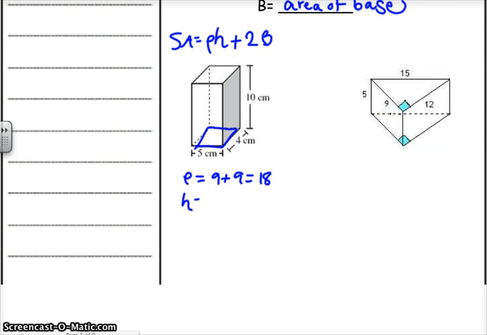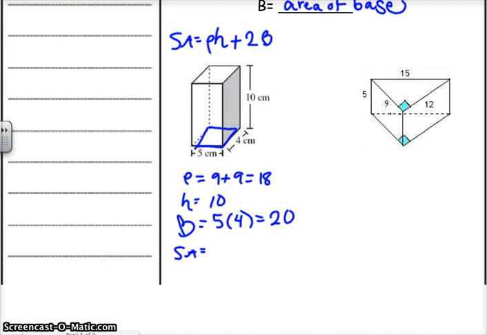H, what connects my 2 bases? 10. H is equal to 10. And big B. Big B is area of my base. So it looks like it would be 5 times 4, 20. Put it all together into that formula.